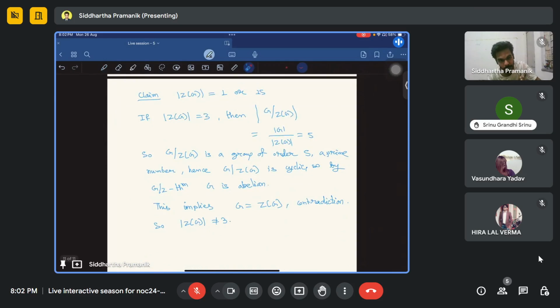In a similar way, you can prove that the order of ZG cannot be 5, because in that case the order of the quotient will be 3, which is also a prime number. So we can argue in the same way. So we have only two possibilities.